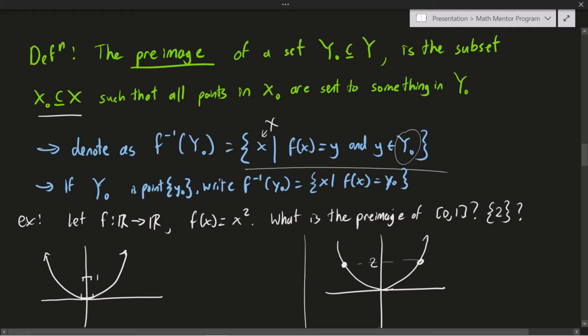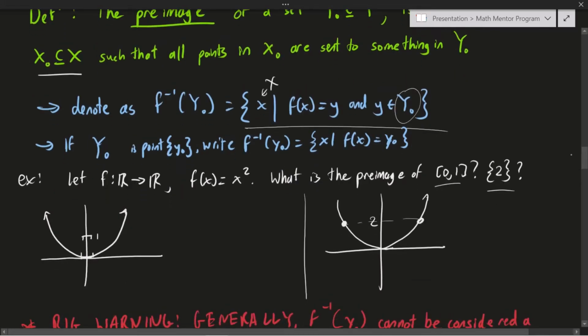As an example, let this be a real function. This is the one that you're very familiar with, x squared. Think about the preimage of the two following sets: the interval 0, 1, and the single point 2. You can pause the video and we'll come back to it.